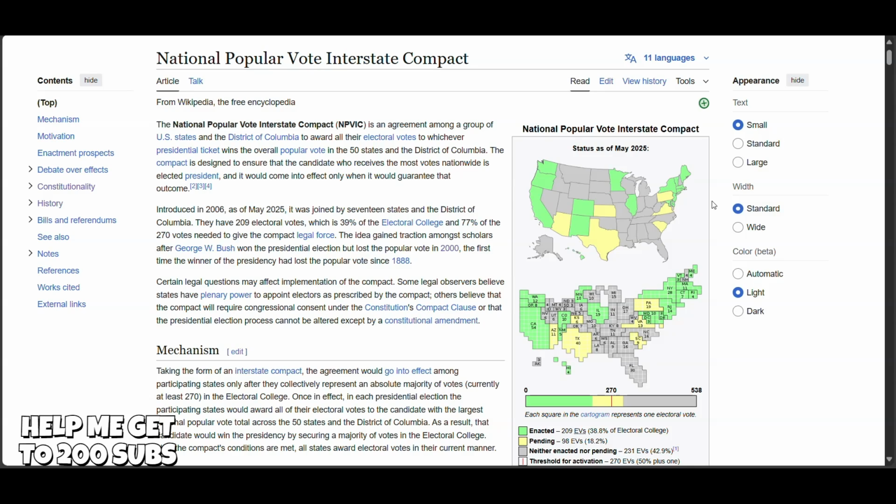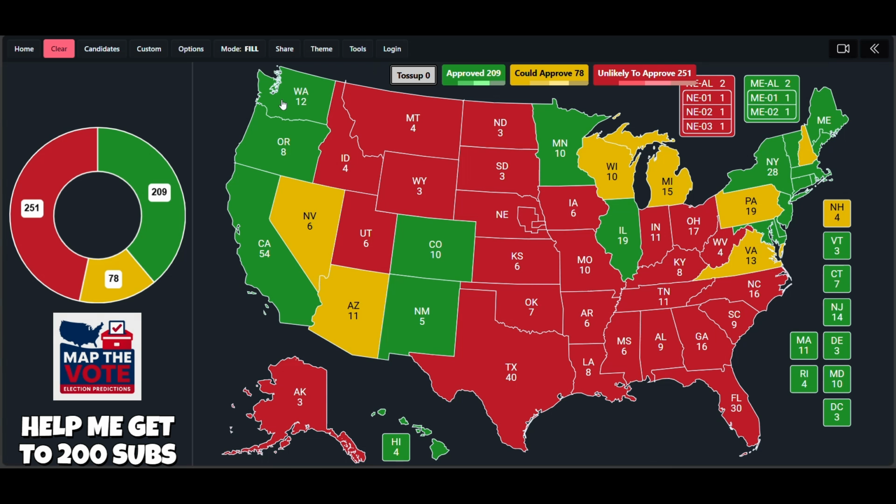Now, looking at which states have currently passed this compact, 209 electoral votes worth of states have passed this measure. And the yellow states are states which I think realistically could approve this measure within the coming years, and the red states are states which I think are pretty unlikely to pass such a measure.